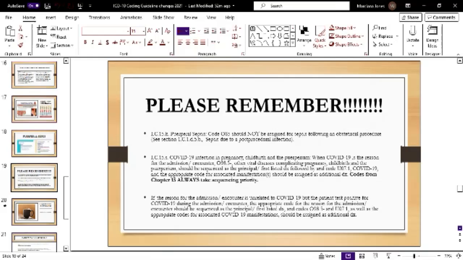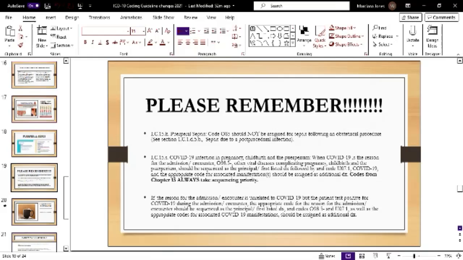When COVID-19 is the reason for the admission in an encounter, O98.5 and the additional digit, which is other viral diseases complicating pregnancy, should be sequenced as the principal or first listed diagnosis, followed by U07.1, which is the COVID code.